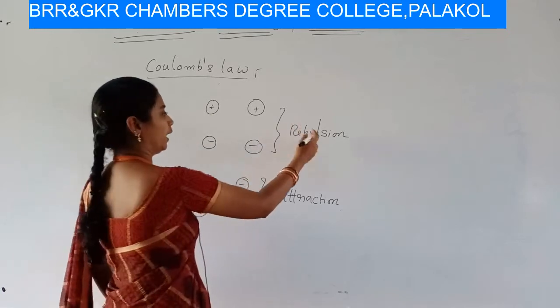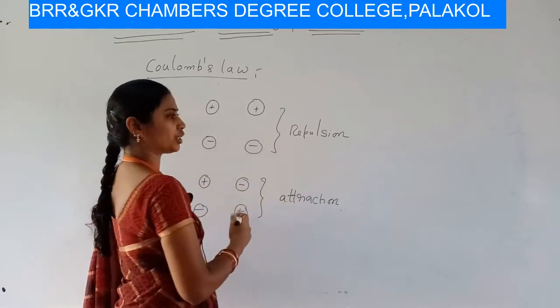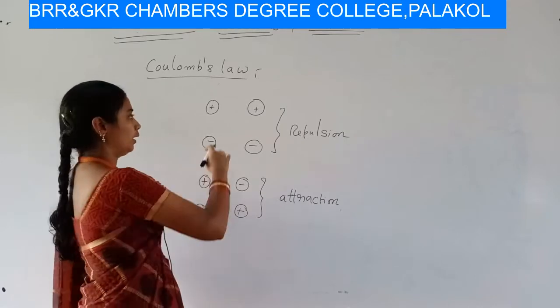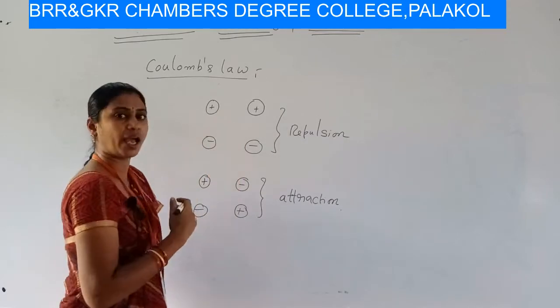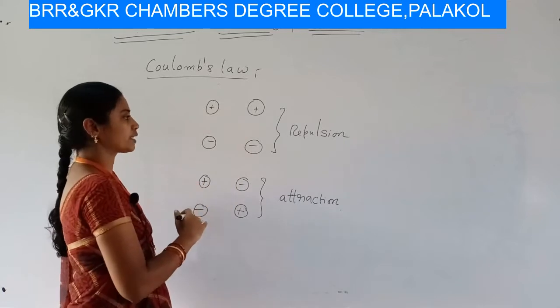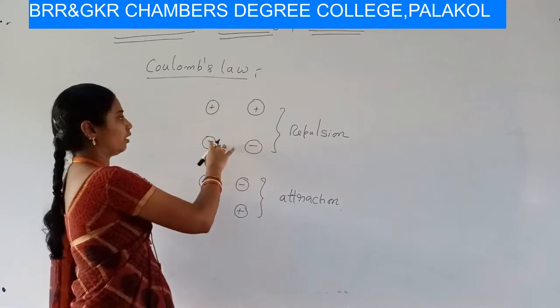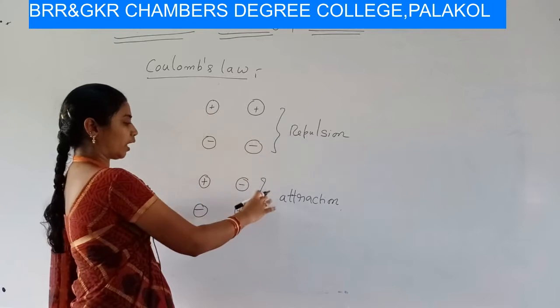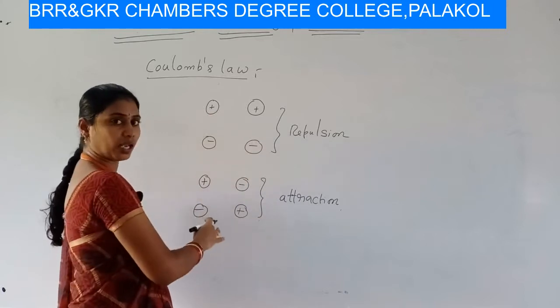Hence, this repulsive nature and attractive nature is nothing but force. Hence, this force is said to be electric force. This electric force is repulsive in case of like charges and attractive in case of unlike charges.